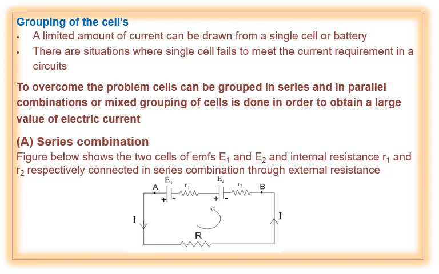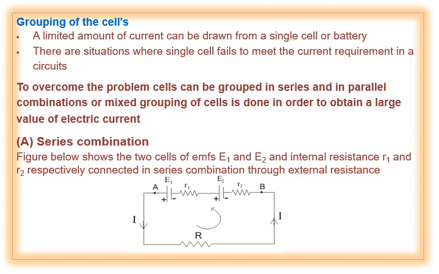Firstly, the series combination. See, the diagram clearly shows that there are two cells with EMFs E1 and E2 and internal resistances r1 and r2, and they are joined in series combination through the external resistor capital R. Now, how can you check that this is a series combination?